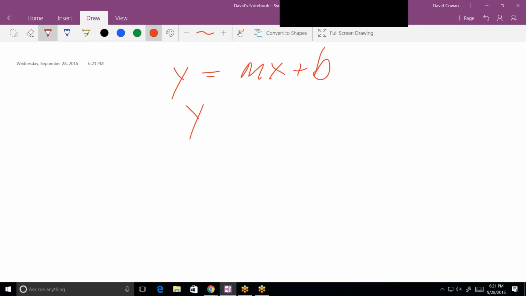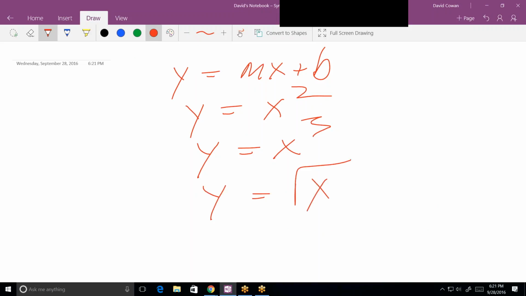There's y equals x squared. There's y equals x cubed. There's y equals square root of x. There's y equals sine x. There's y equals, let me think, log of x. All of these are elementary functions.